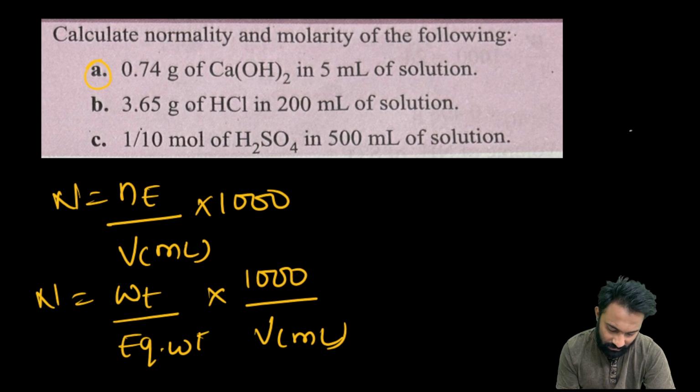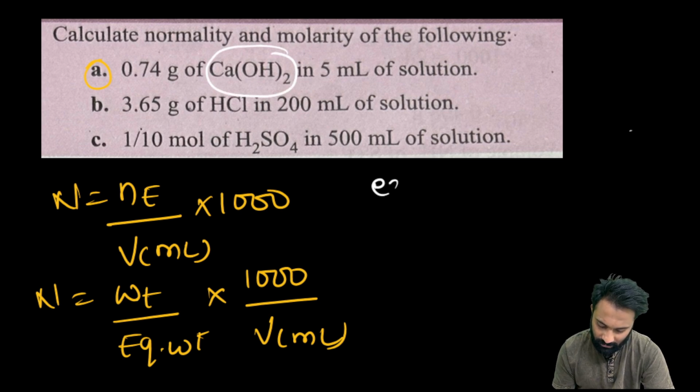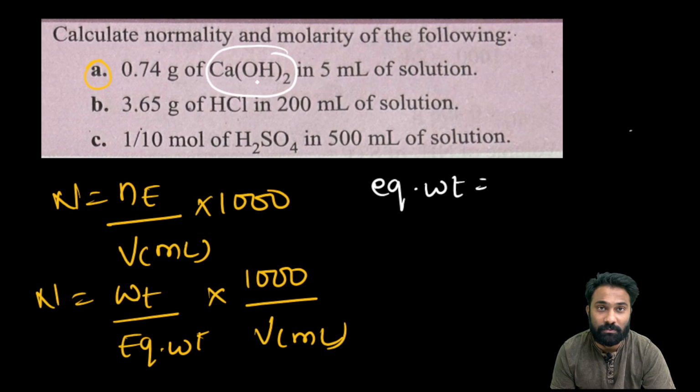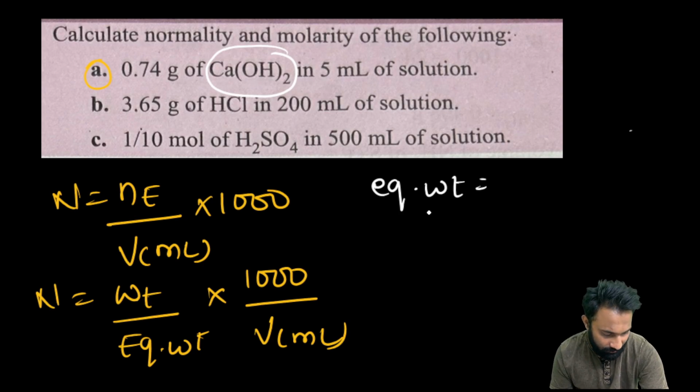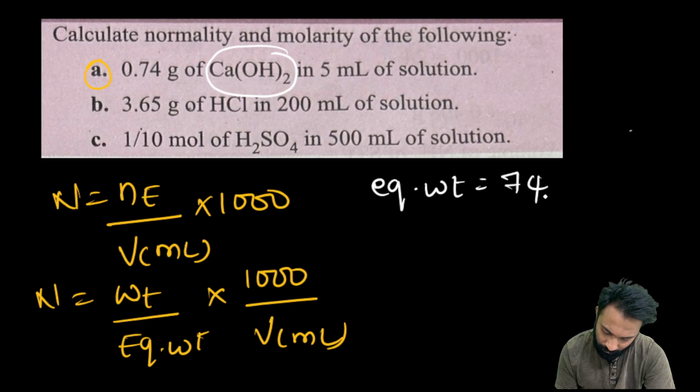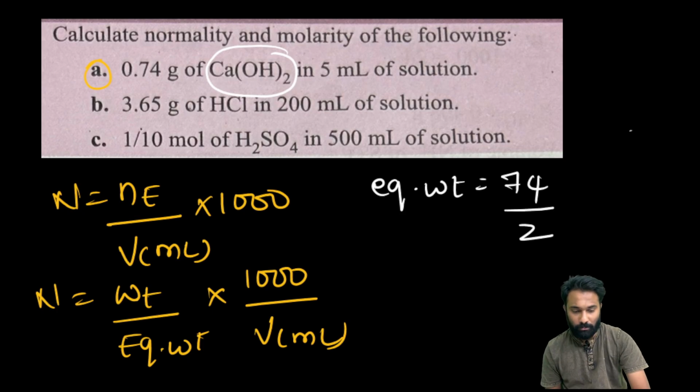What is the equivalent weight of calcium hydroxide? Molecular weight by its n factor. In the last lecture I said calcium hydroxide's n factor is 2, because the replaceable OH minus ions are 2. So its equivalent weight will be 74 by 2.